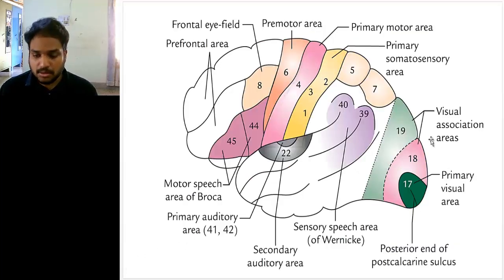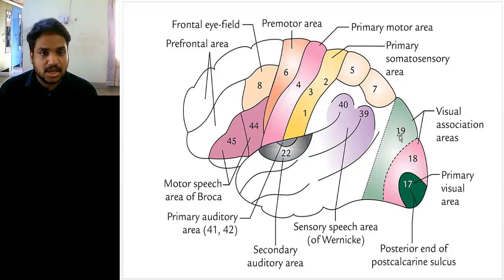And finally, the occipital lobe. In the occipital lobe, you have the primary visual area, for the reception of the visual image. If there is a lesion in the visual area, that will lead to contralateral homonymous hemianopia. On the opposite side, there will be homonymous hemianopia. That is again a visual pathway defect. And you also have the visual association areas.